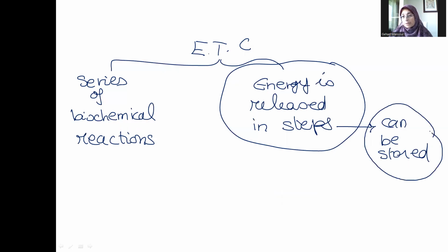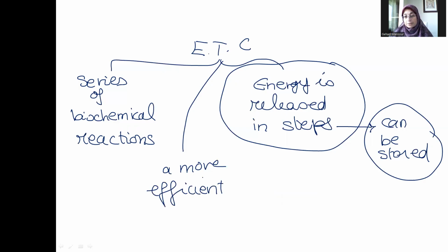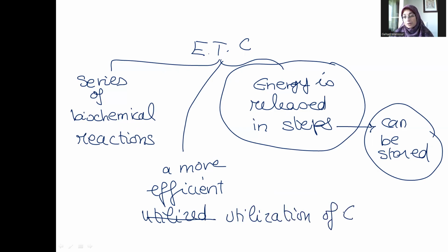So the electron transfer chain, as we said, leads to a more efficient utilization of energy. You don't lose energy and you store it in ATP.